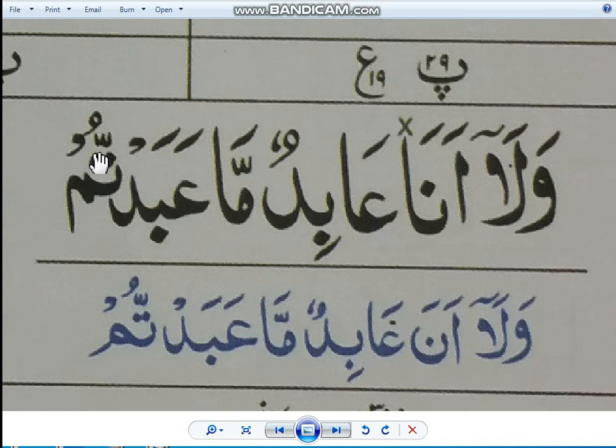Dal and ta share the same articulation point. Therefore, if after dal sakin comes a ta, then we will place a shadda on the ta. And since these two share the same articulation point, we will say both letters in one go.